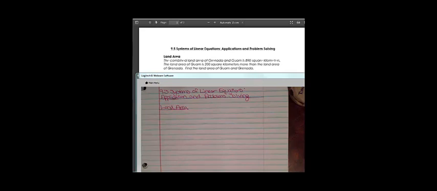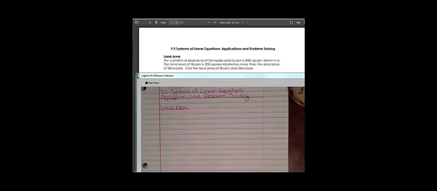It says the combined land area of Grenada and Guam is 890 square kilometers. The land area of Guam is 200 square kilometers more than the land area of Grenada. Find the land area of Guam and Grenada.